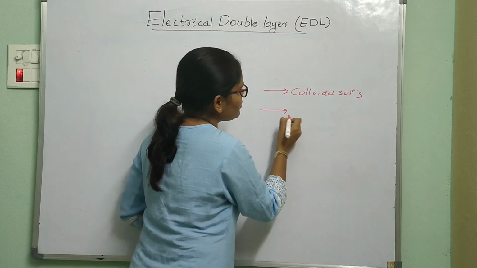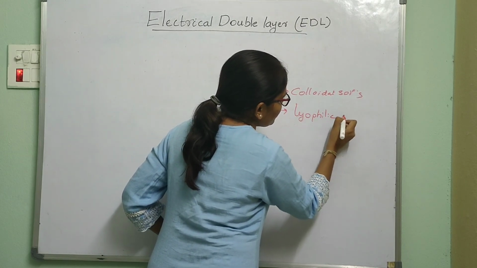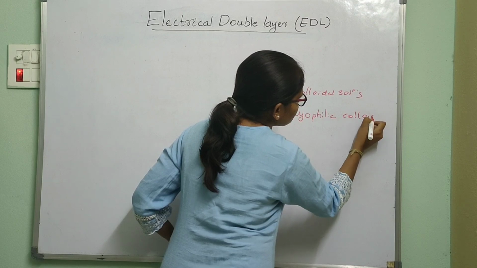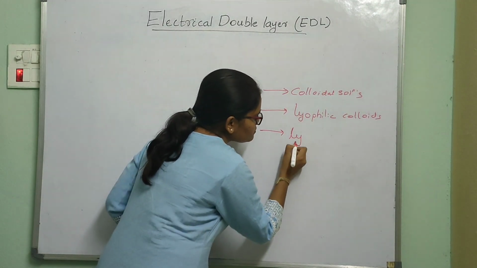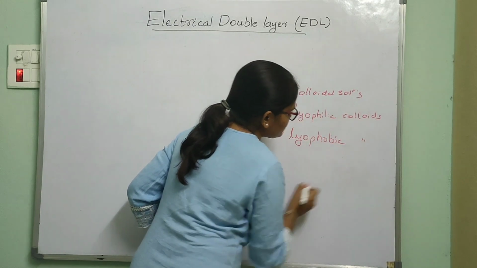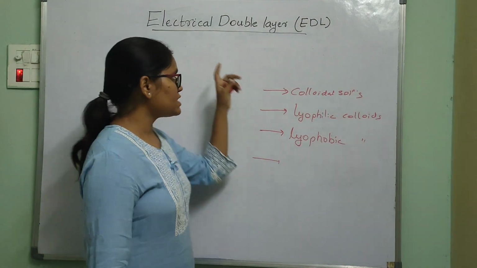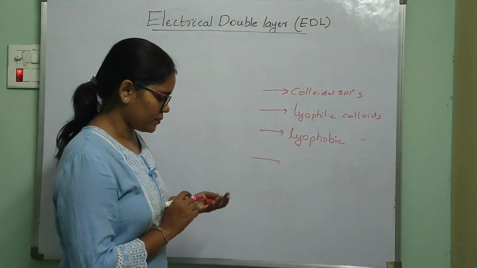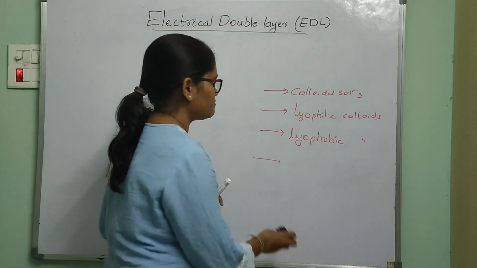Colloidal solutions, then we will see what are lyophilic colloids. Lyophilic colloids, and then we will see what are lyophobic colloids. Lyophobic colloids, and I think this is sufficient for us to understand electrical double layer. Okay, so let us begin with what are colloidal solutions.